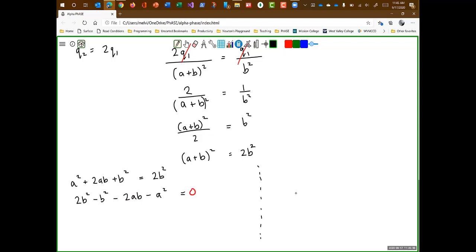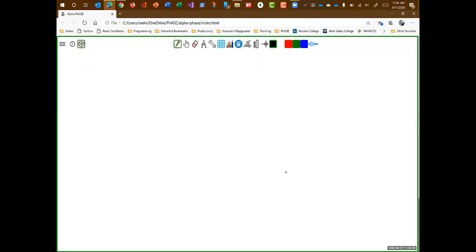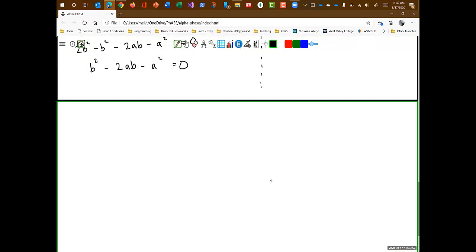You might be noticing that I'm putting this in the form of a quadratic equation. So this now becomes B squared minus 2AB minus A squared is equal to 0.